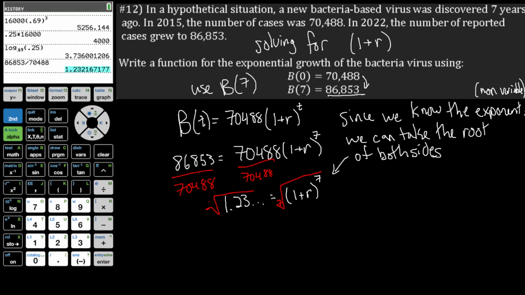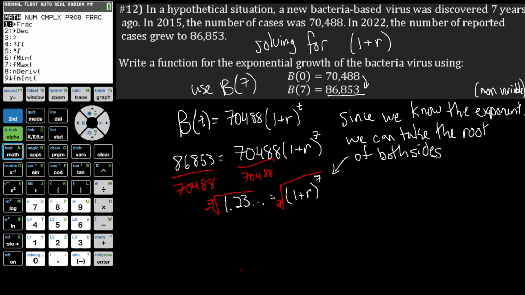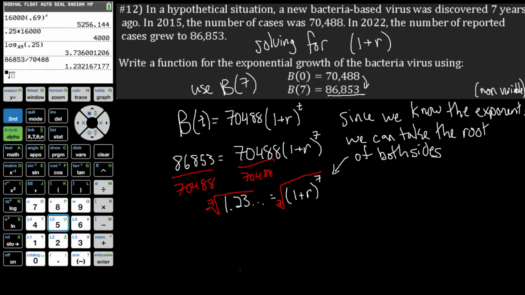And so you're probably wondering, how do I do that on the calculator? Well, I'm glad you've asked. In your calculator, I want to hit math, and then scroll down to 5. Notice how it has my radical symbol, but I don't have the value there because it's an x. And so I'm saying, okay, hey, I need to take the 7th root.